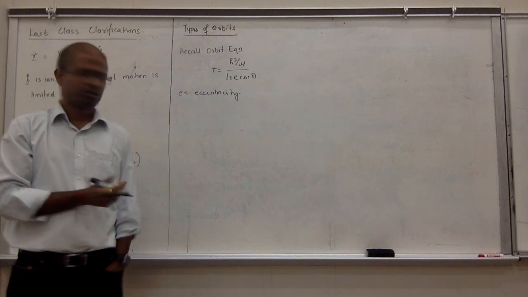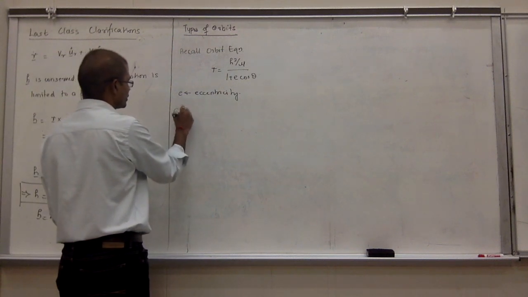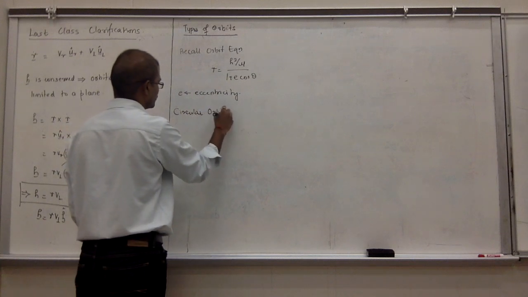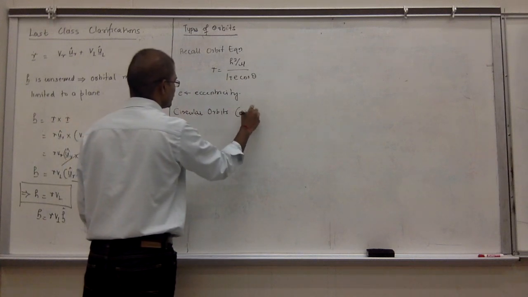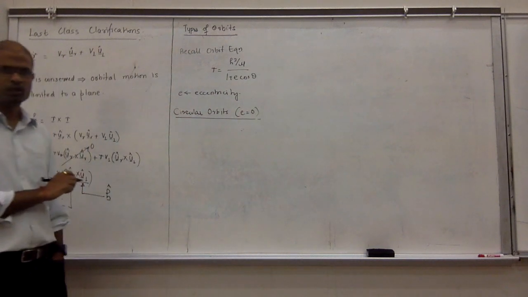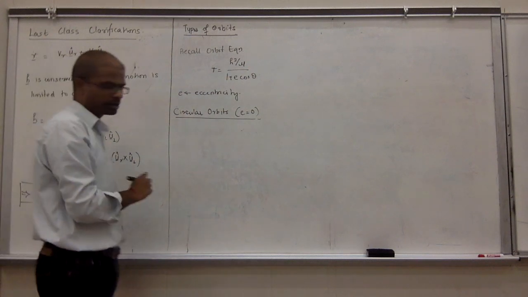So for circular orbits, e is simply 0. What does that mean?